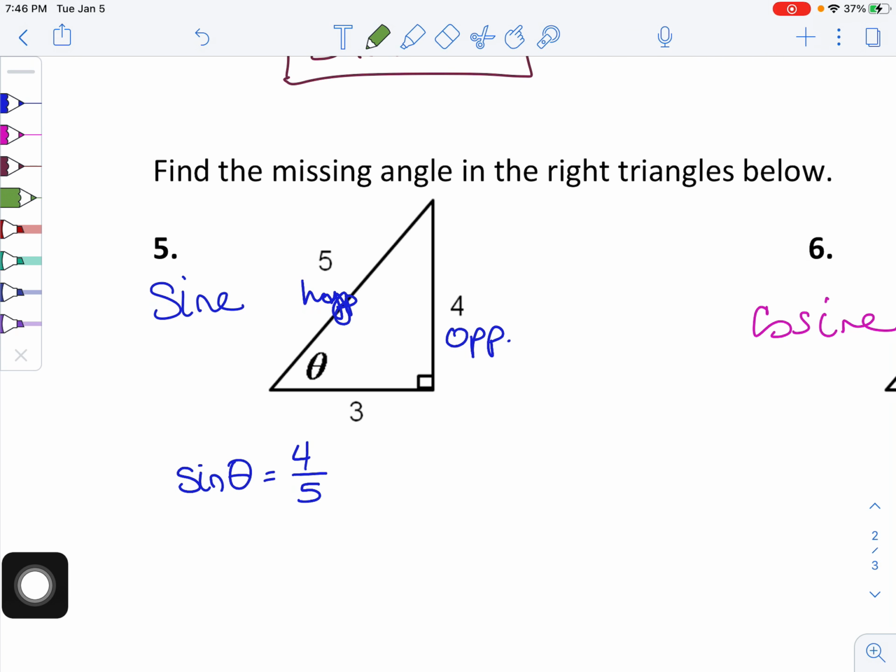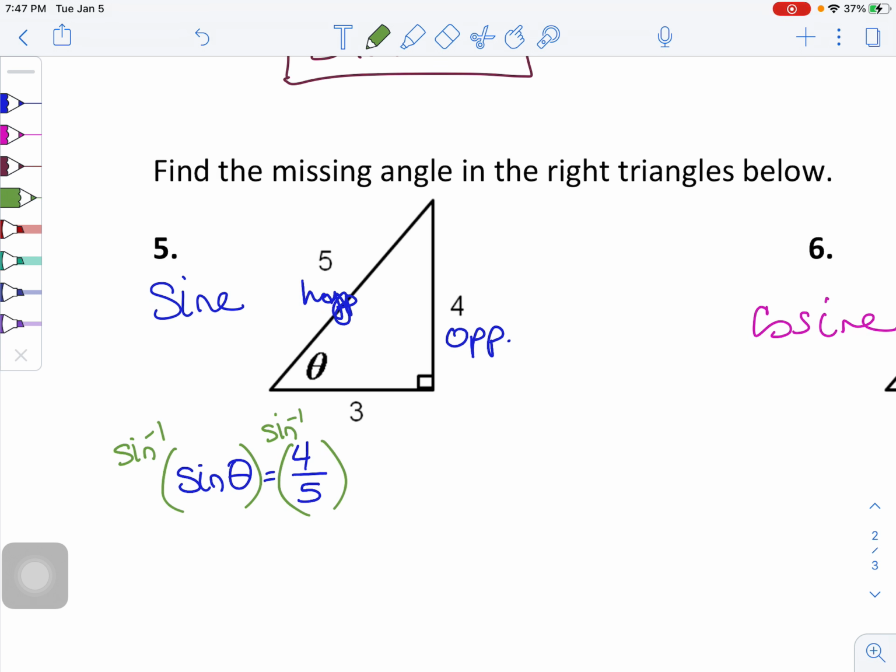Now, everything in math has an opposite operation, including your trig functions. In trig functions, the opposite operations are referred to as inverse sine, with the little -1 here, or sometimes arc sine, arc cosine, or arc tangent.